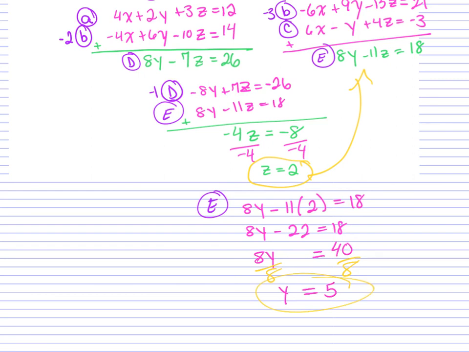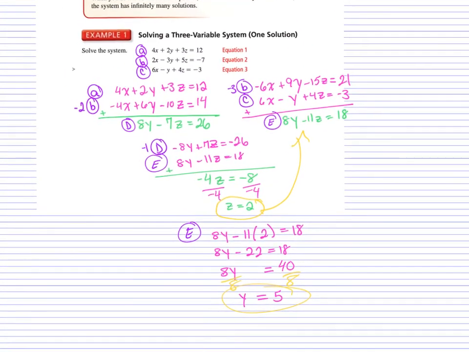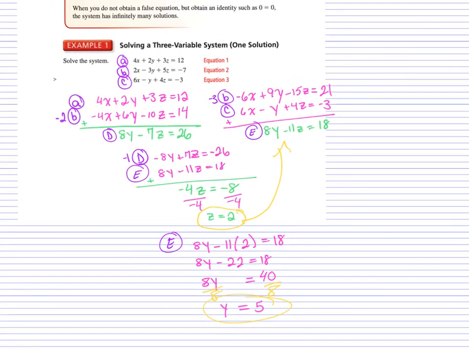Well, if I have Z and Y, I can find X by plugging into one of the original ones. I know that this is getting huge, all right? It is getting big, but I'm going to plug that into either A, B, or C. I'm going to choose B because it is smaller. So I'm going to use B. We know Y, and we know Z, so I'm going to plug those in.